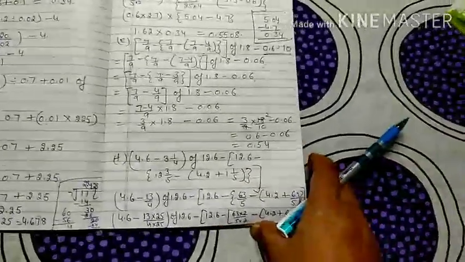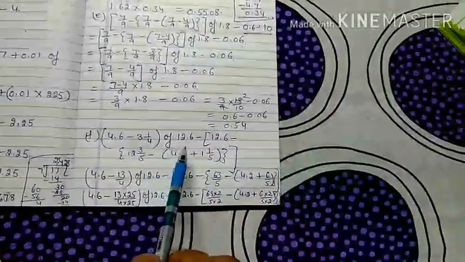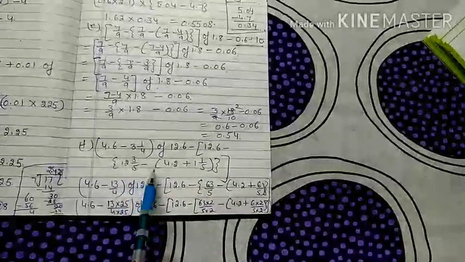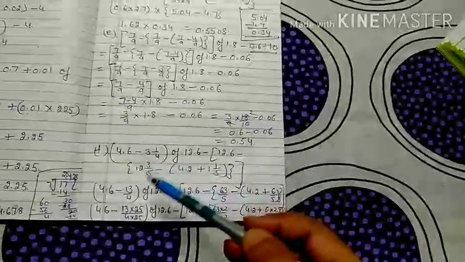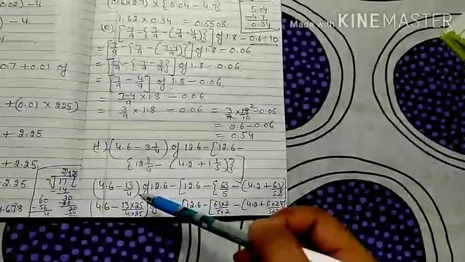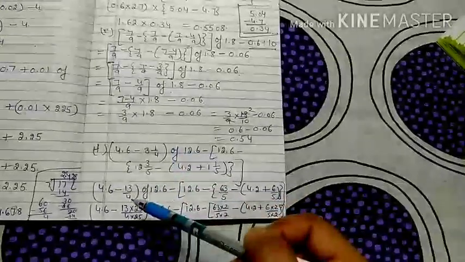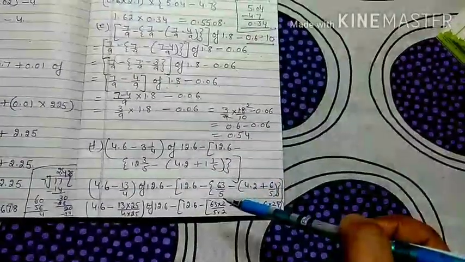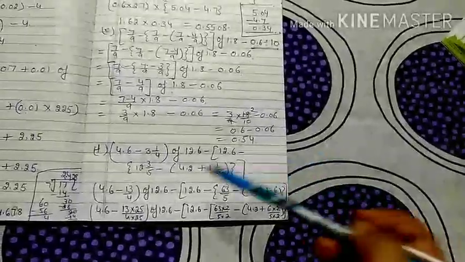Now your F part is 4.6 minus 3 by 4 of 12.6 minus 12.6 minus 12 into 3 by 5 minus 4.2 plus 1 into 1 by 5. First step, you convert the mixed fractions into improper fractions, then improper fractions change to decimal. Now here 3 into 1 by 4 is 13 by 4, and here 12 into 3 by 5 is 63 by 5, 1 into 1 by 5 is 6 by 5.